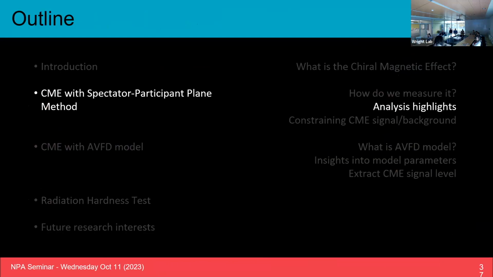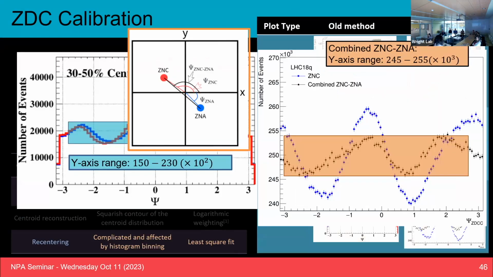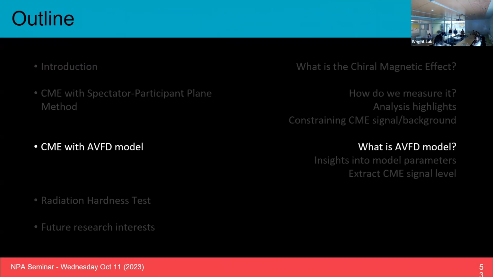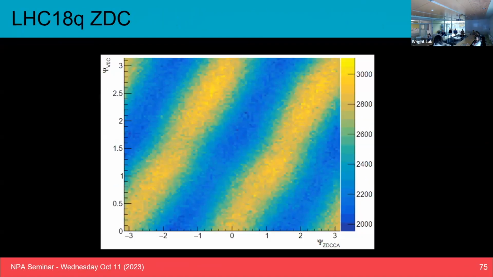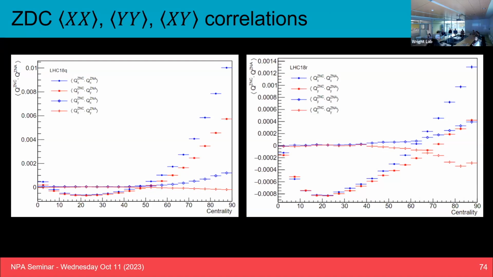Yeah, so this comes to the correlation of ZDC. Where did I put it? Maybe at the end. Okay, so this is basically showing the correlation of ZDC. You have the x direction correlation, y direction correlation, and xy correlation, which are orthogonal.